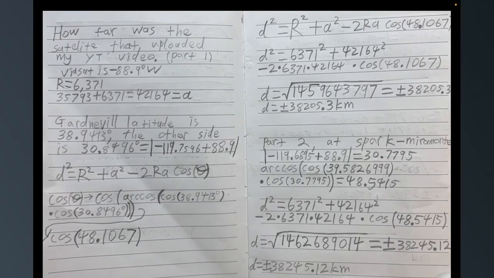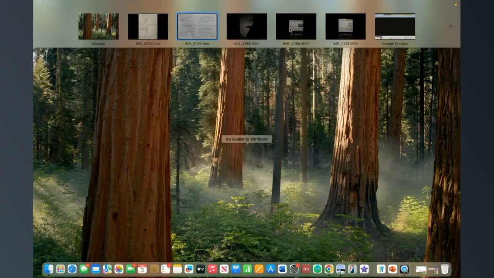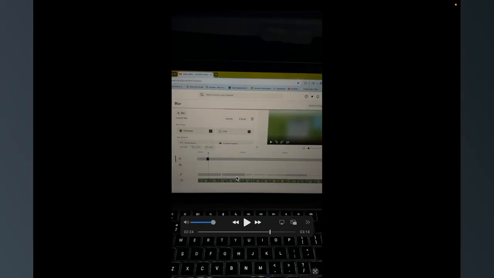D squared equals this squared plus this squared minus this cosine of 48.5415. And all those numbers together is this number, so we take the square root of both sides, and we get D equals plus or minus 38,245.12 kilometers. So this is the distance from me here to the VSAT satellite.